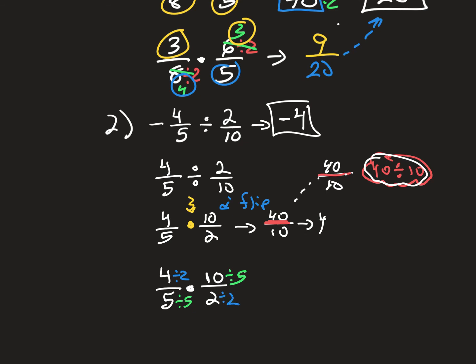So we're basically just reducing before we multiply straight across. 4 divided by 2 is 2. 5 divided by 5 is 1. 10 divided by 5 is 2. 2 divided by 2 is 1. And then you can multiply straight across. 2 times 2 is 4. And 1 times 1 is 1. And remember, this is 4 divided by 1 equals 4.